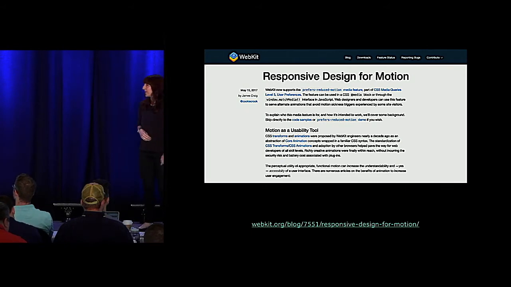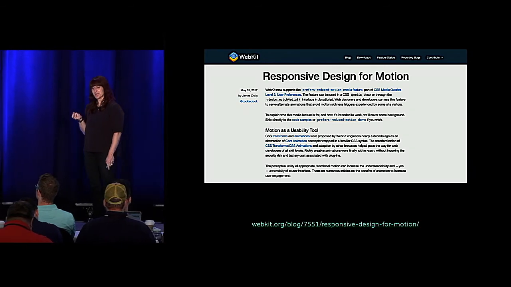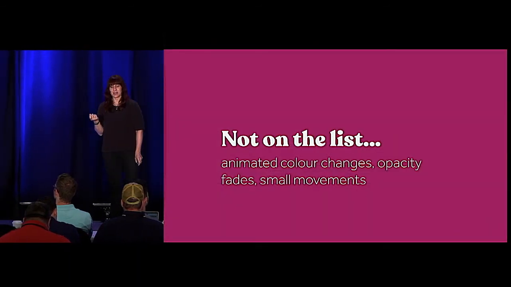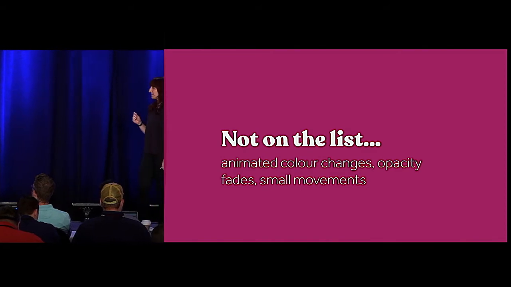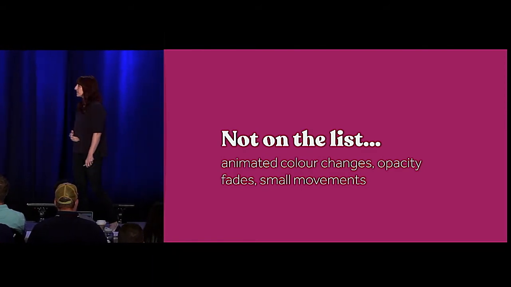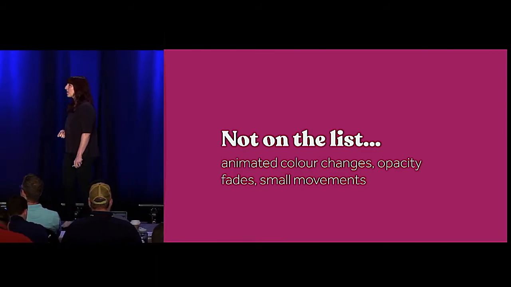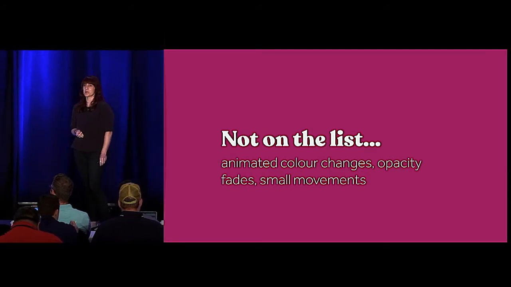But one thing I want to point out that I think is very important is some things that are not on this list. Specifically, things like animated color changes, opacity fades, and small movements, which you might remember sound pretty similar to that whole motion animation definition of the things they said weren't motion animation, and also are probably the most common things you'll do for your baseline UI animations.